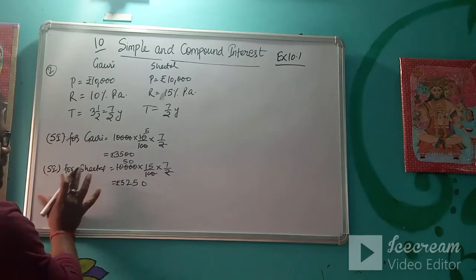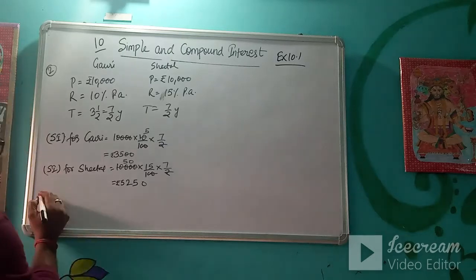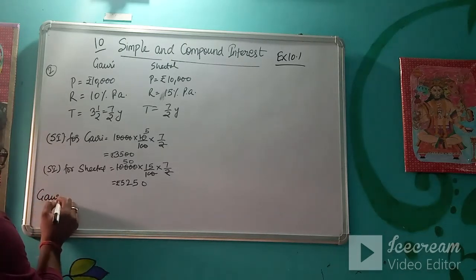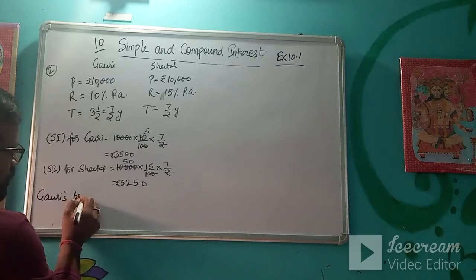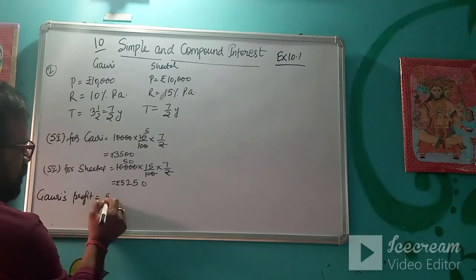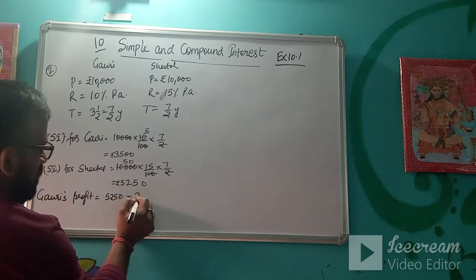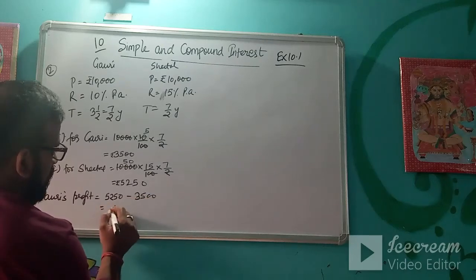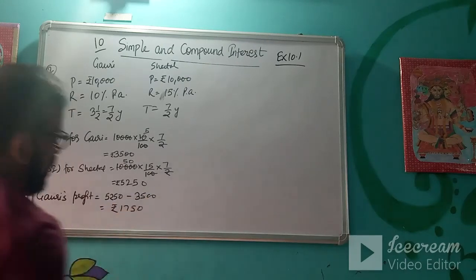So this is the simple interest for Sheetal. So Gauri's profit will be how much? 5250 minus 3500, that is 1750.